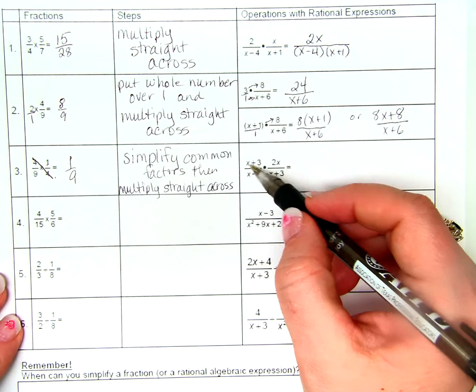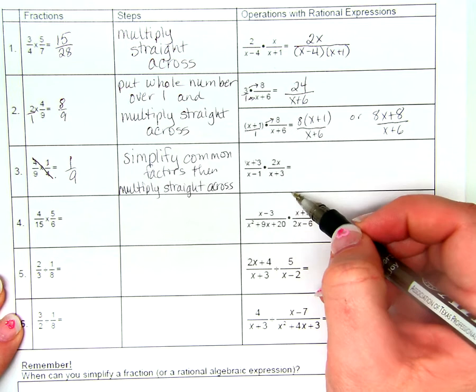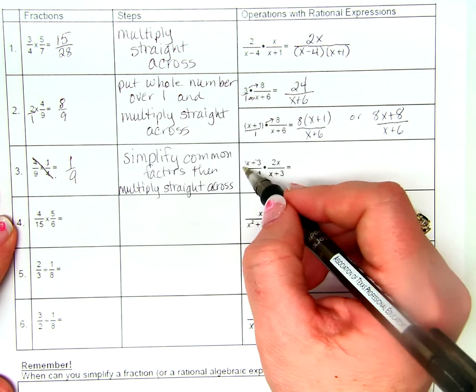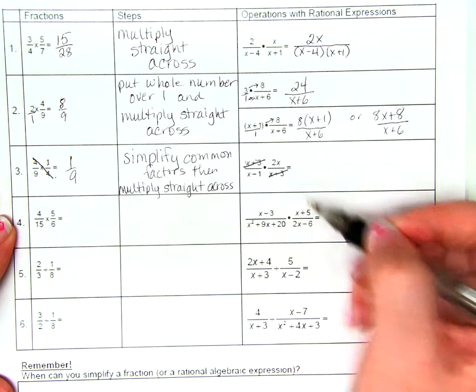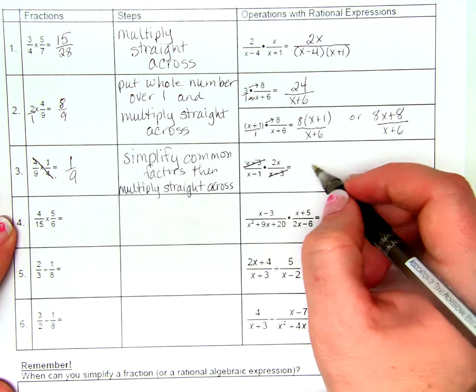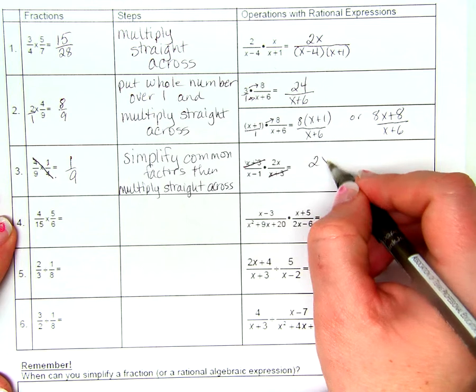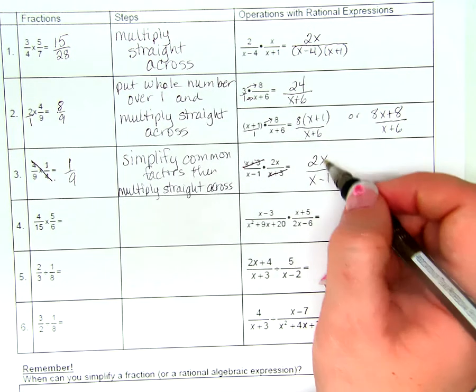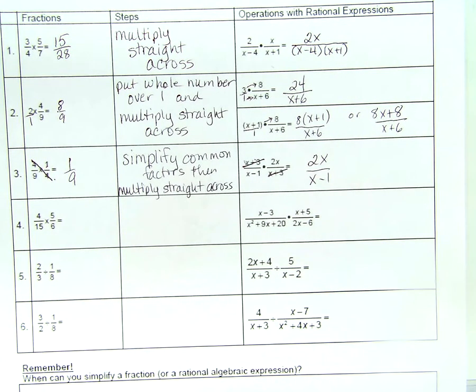So I cross out the x's and I cross out the 3's? Oh, no, okay. The whole x plus 3 and the whole x plus 3, right? What do I have left? 2x over x minus 1. And then I cross out the x's. Oh, sorry. Are we good?